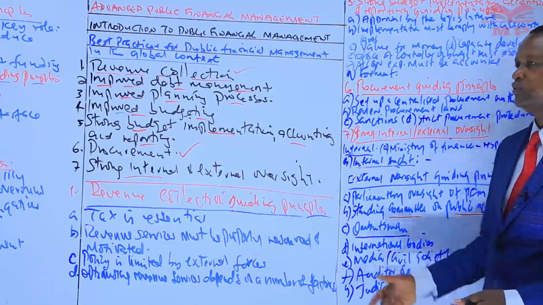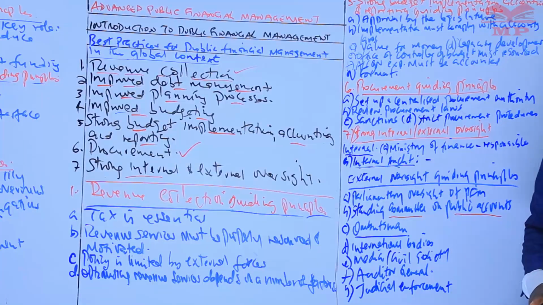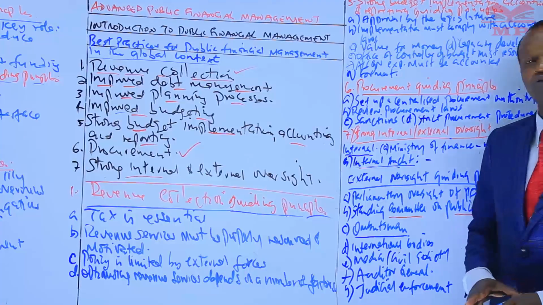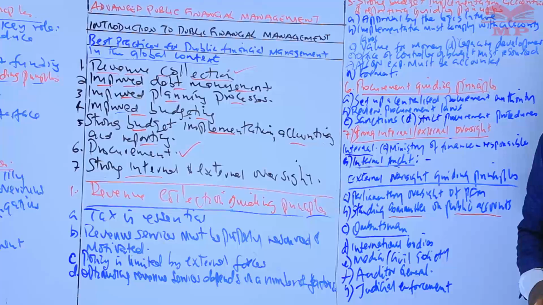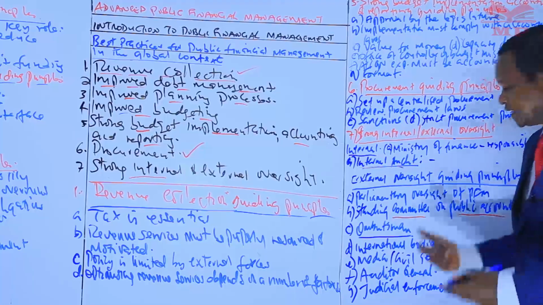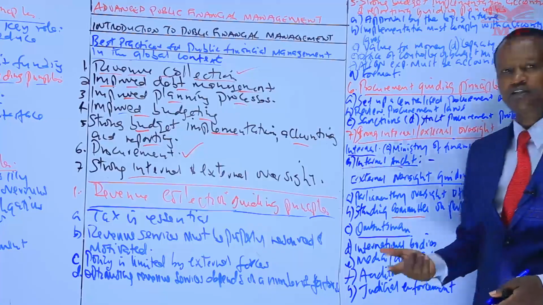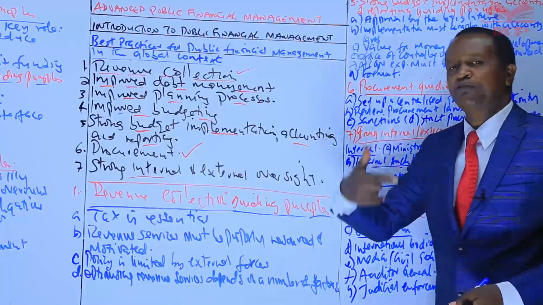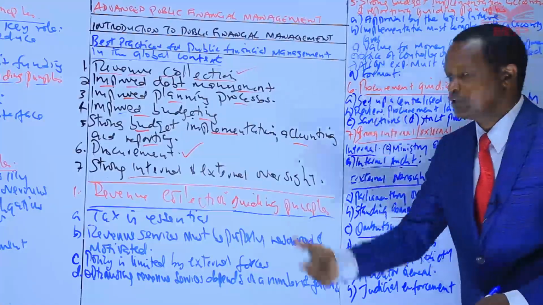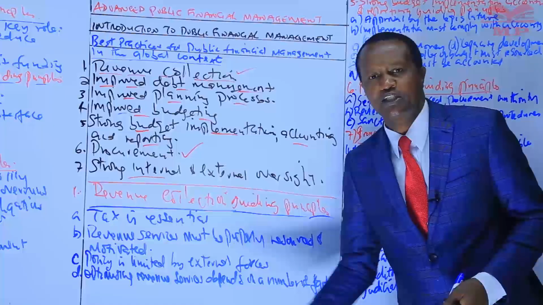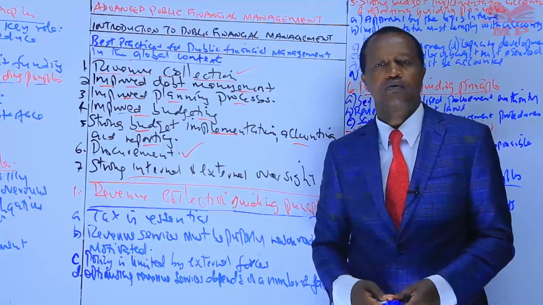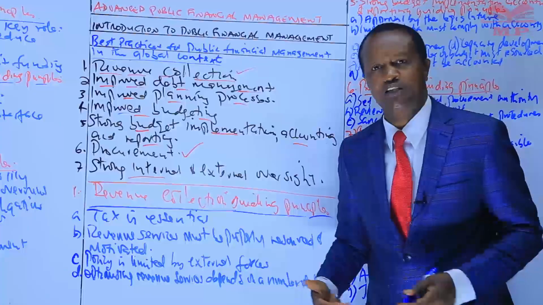Judicial enforcement. If you read the Public Finance Management Act, you may find there are some penalties for failure to adhere to its provisions, and therefore, as part of external oversight, procedures should be in place whereby judicial enforcement may be exercised by the courts to ensure that the provisions of the Act and regulations are fully respected and adhered to.